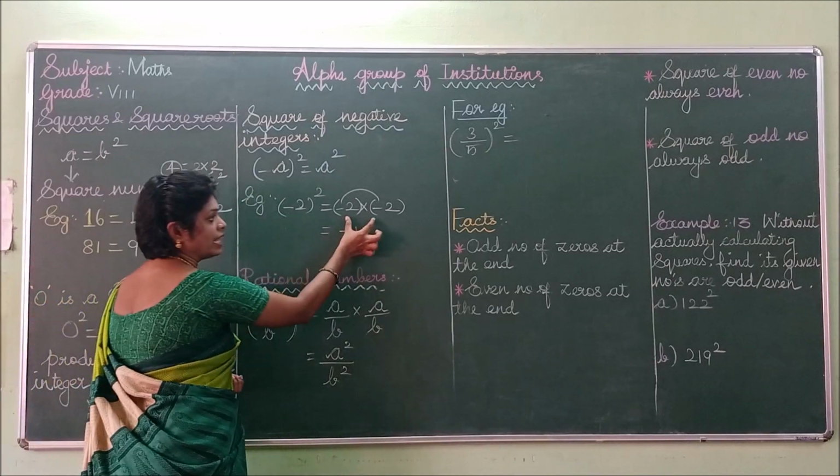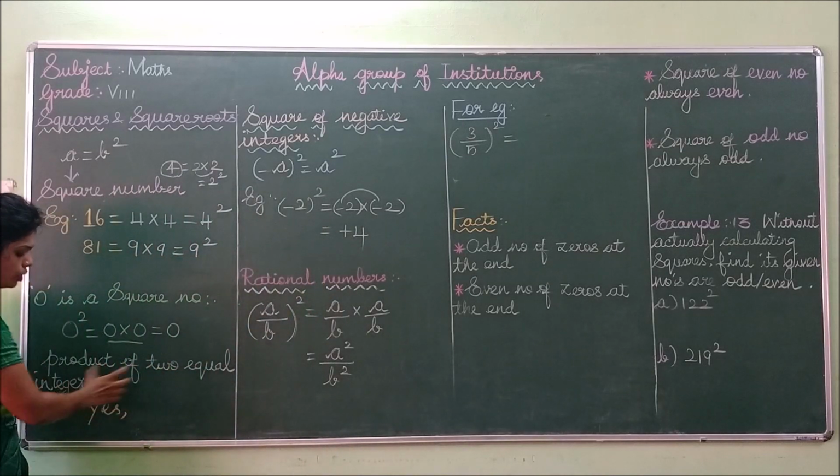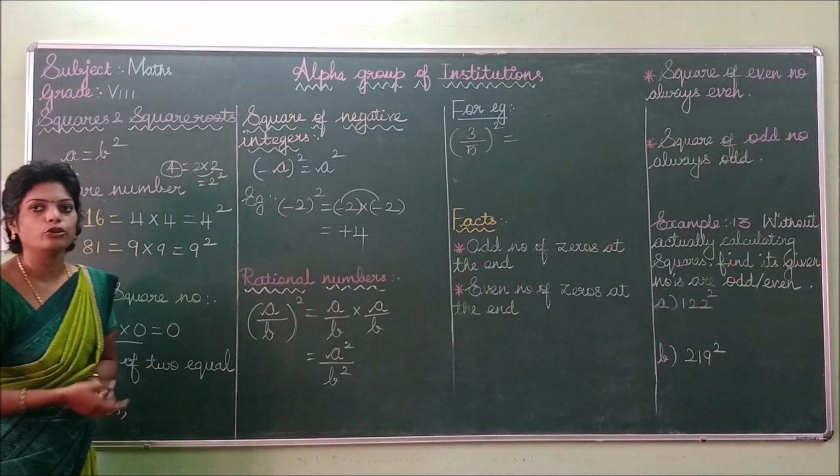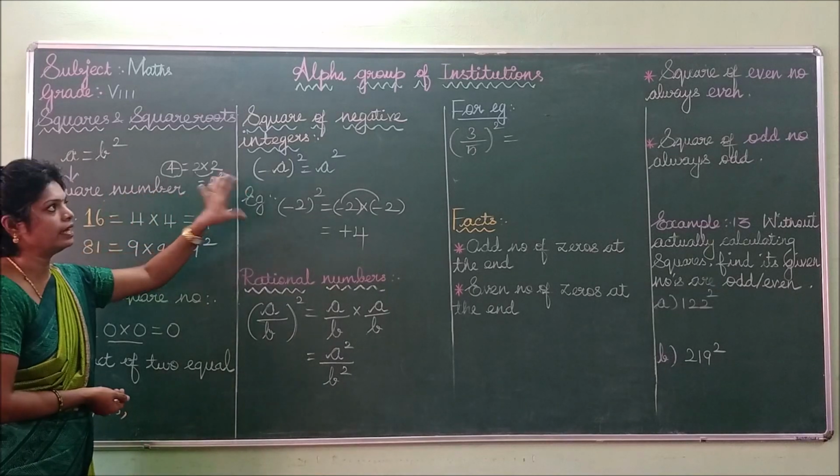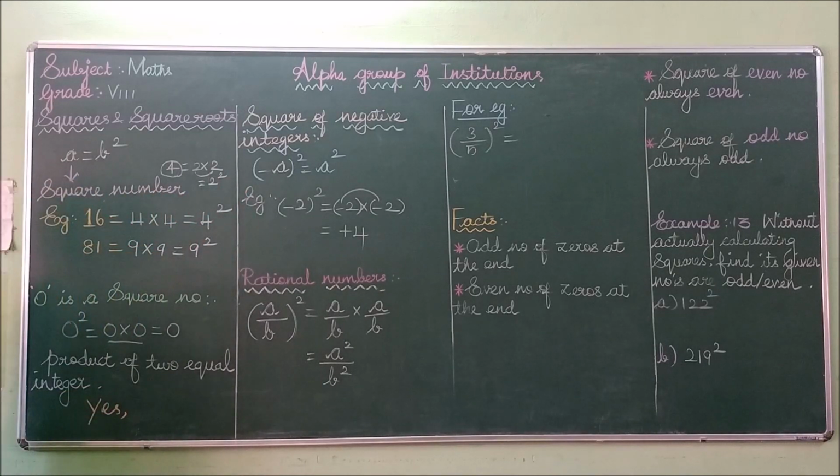Because you are taking equal integers only, the product of two equal integers. If you take negative 2, you have to multiply the result with the negative only. If you are taking the positive value, you multiply it with the positive value only. So we can call this a square of a negative integer. This is an example for the square of a positive integer and this is an example for the square of a negative integer. So for the positive, a equals b square.